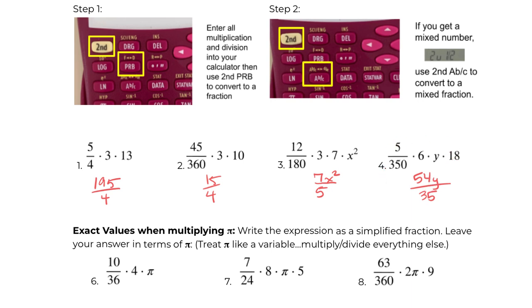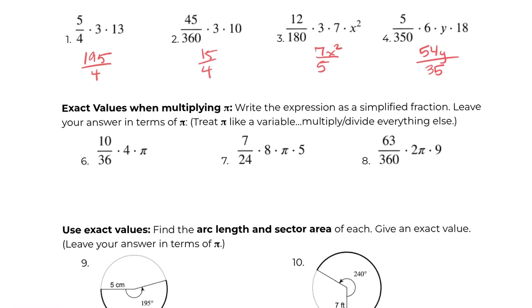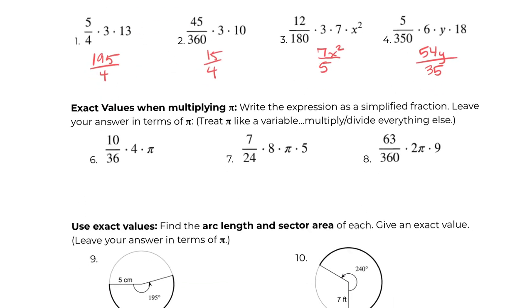Okay, so looking down here, we're going to practice using exact values when multiplying by pi. And what we're going to do is we're really going to treat pi like it's a variable. So we're going to multiply everything else, and we're going to just leave pi, since it's multiplying, in the numerator.